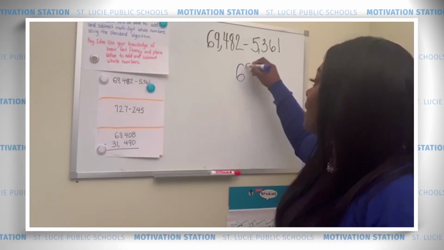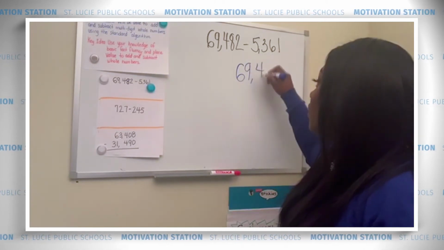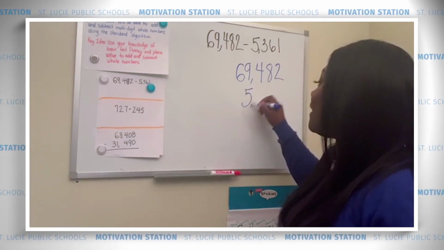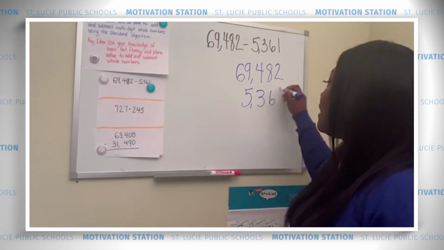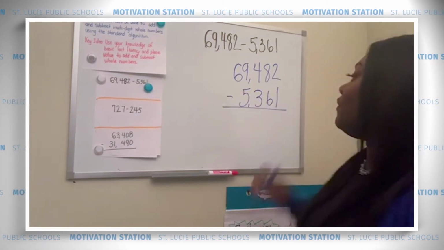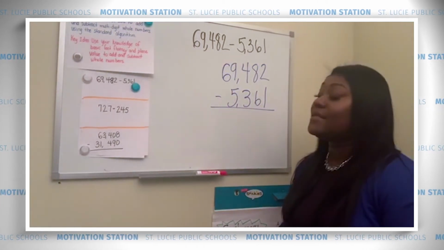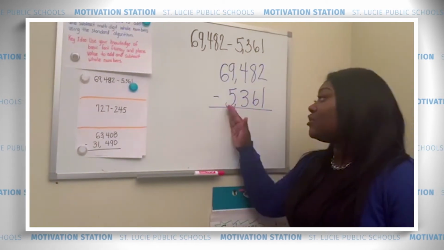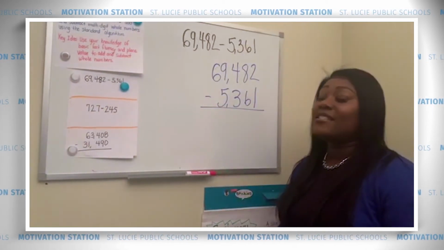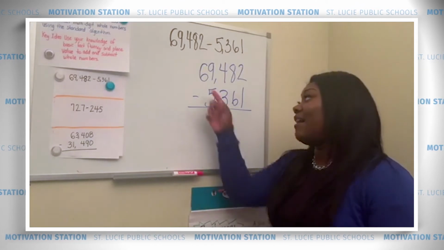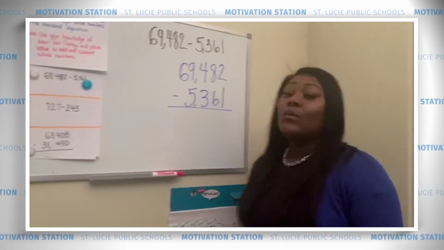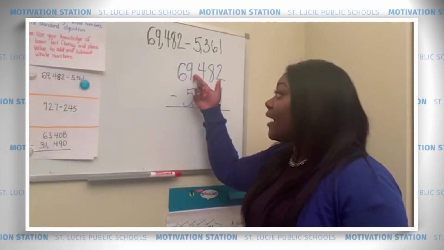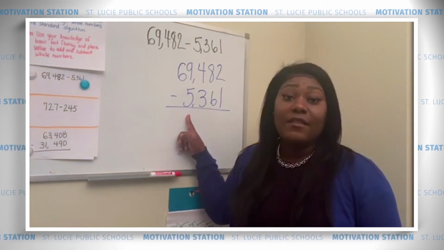So that will be 69,482 minus 5,361. Now I know sometimes a common mistake that students will make is they will push these numbers over because it just doesn't look right to have this empty space here. Well, get used to it. It's all about place value. This is 9,000. This is 5,000.